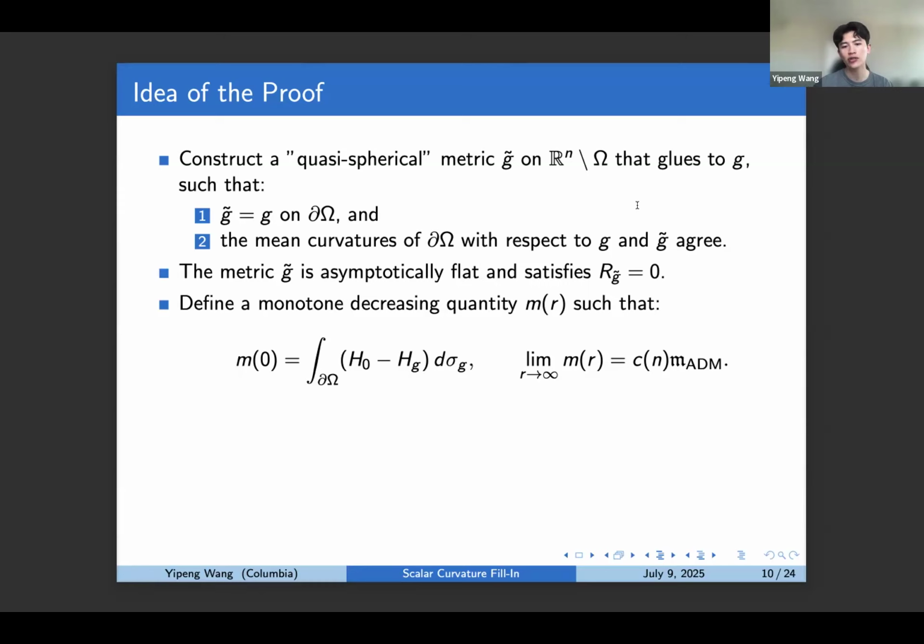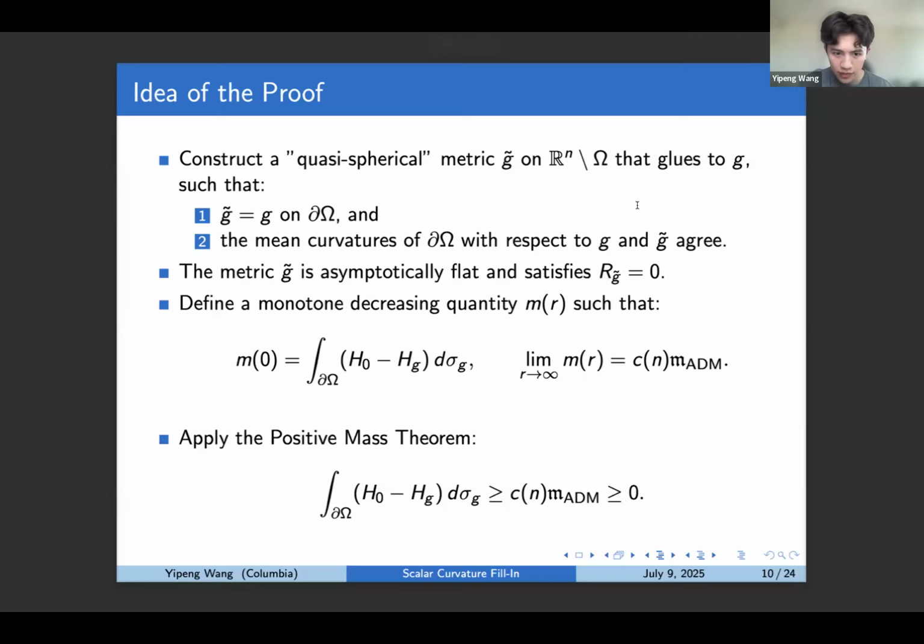As R goes to infinity, this quantity converges to the ADM mass of G tilde. Since the quantity is monotone decreasing, its value at 0 is bounded from below by its value at infinity, which is the ADM mass. By the positive mass theorem, the ADM mass is non-negative. Therefore this proves the estimate and the non-negativity of the Brown-York mass.